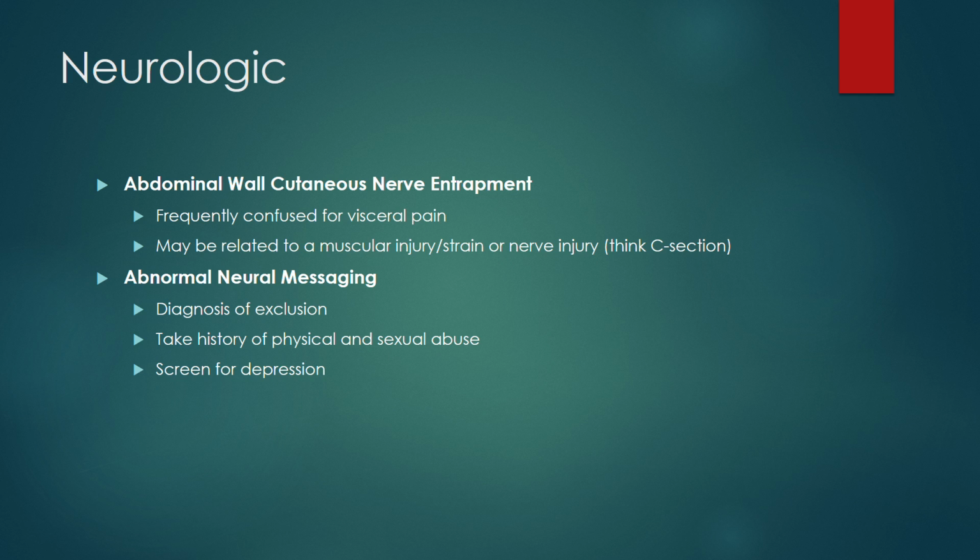It can really mess with the HPA axis. These women have an increase in their adrenocorticotropic hormone levels, which can lead to more sensitization of pain. So we certainly want to screen for that, and screen for depression, as depression has a higher prevalence in women with chronic pelvic pain.